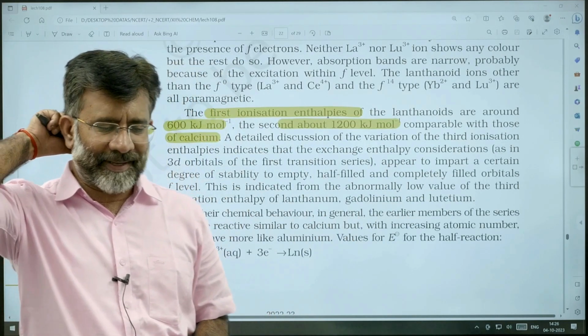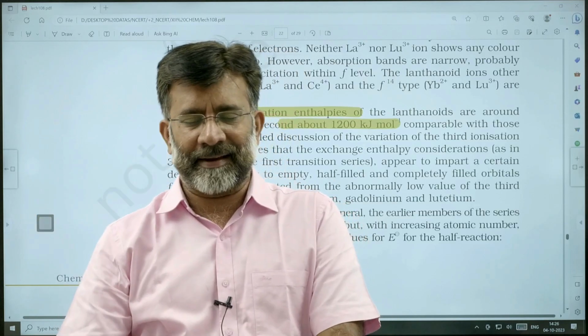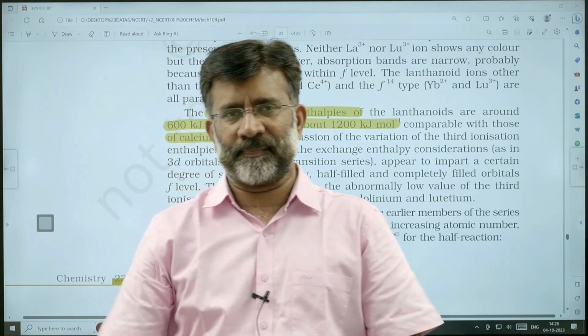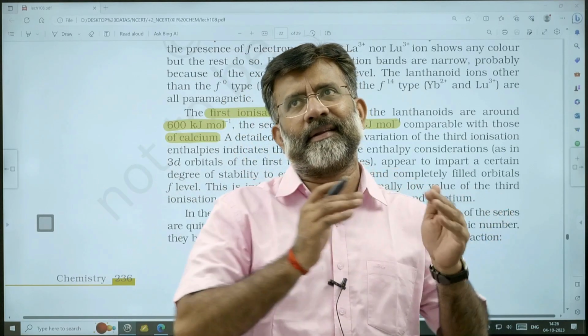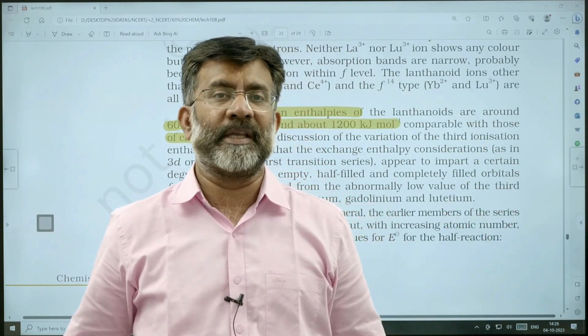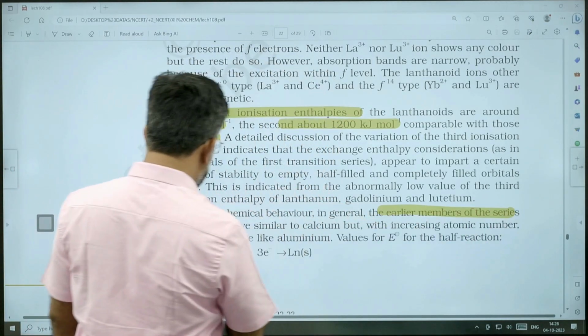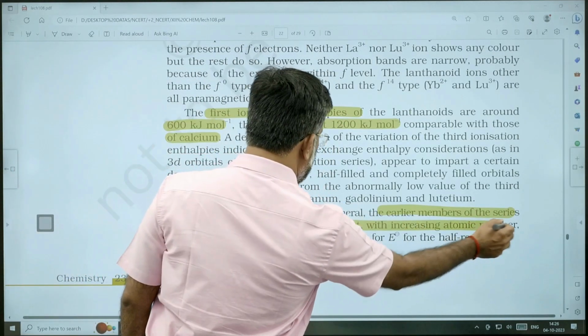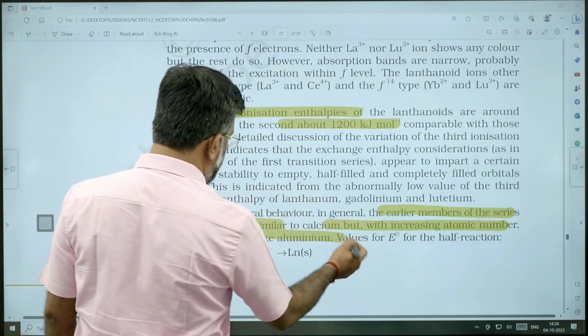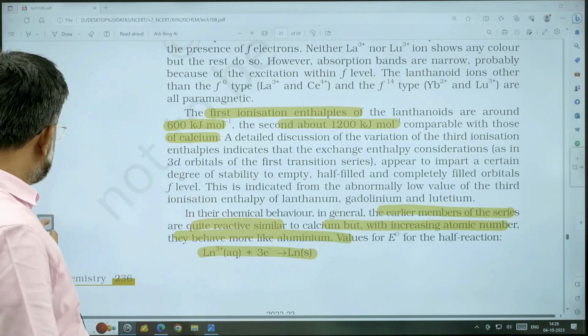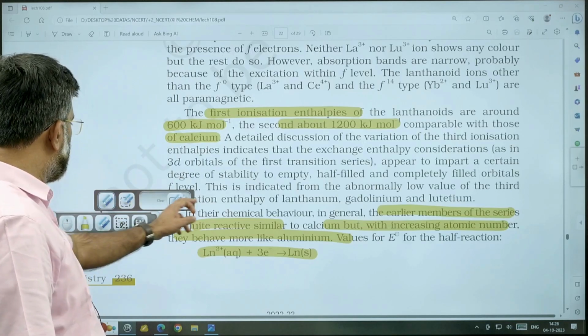You can see many of the properties of the starting members of lanthanoids are similar to calcium. As you move right, they are more similar to aluminium. Earlier members are similar to calcium, while later on they are more like aluminium. Look at the standard reduction potential.